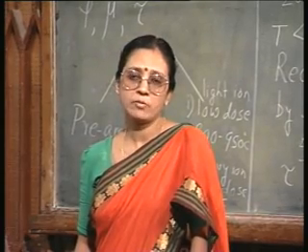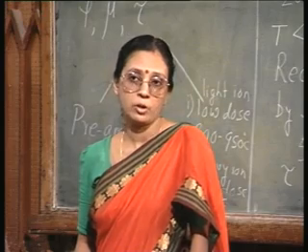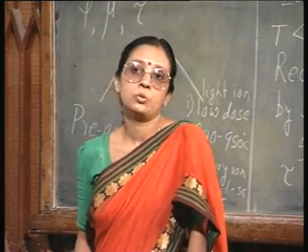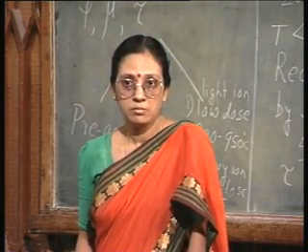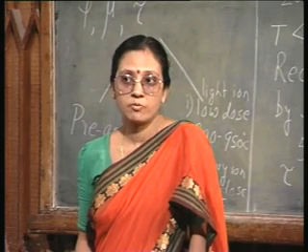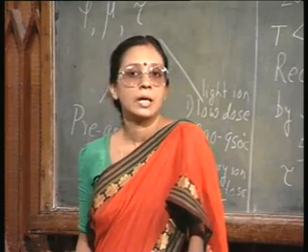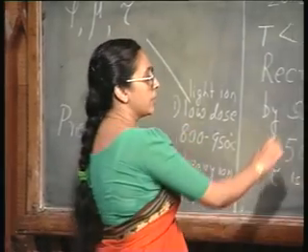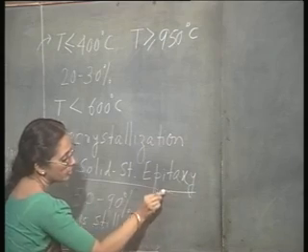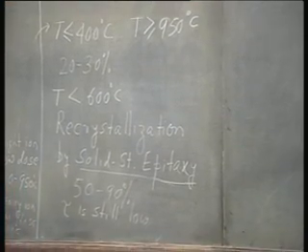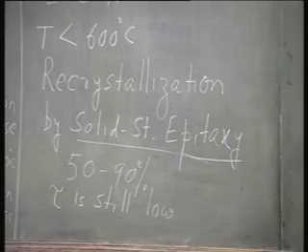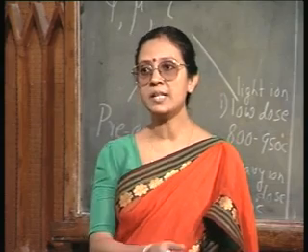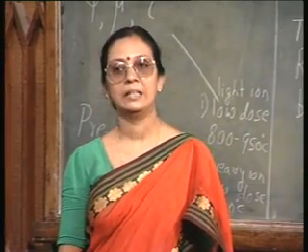But if you are bothered only about the carrier activation primarily, then it is much better to go for a pre-amorphized material, get it pre-amorphized by a self implantation, so that carrier activation is obtainable at a much lesser temperature, and that is possible because of this solid state epitaxy, which can take place at this 600 degree centigrade temperature. Okay. So, essentially this is the principle of annealing.